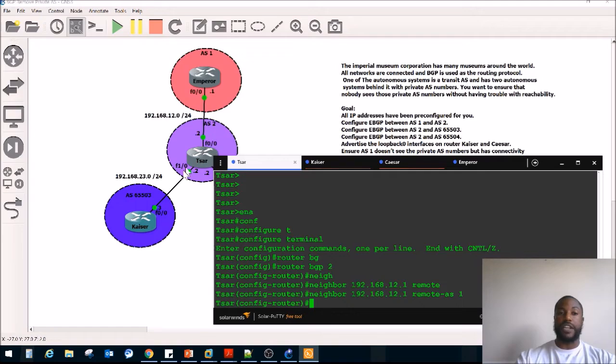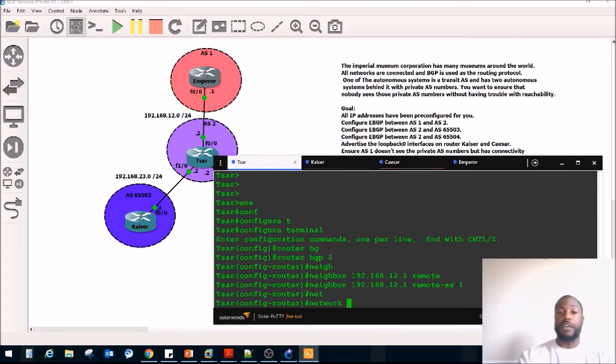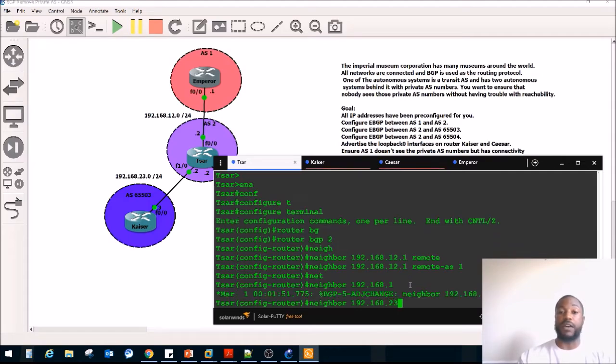While we're doing that, let's go ahead and configure BGP between these two guys right here. So we're going to go into Czar. Oh, we are in Czar. So we're going to make him a neighbor, this guy right here. Neighbor 192.168.23.3, and BGP is now up.